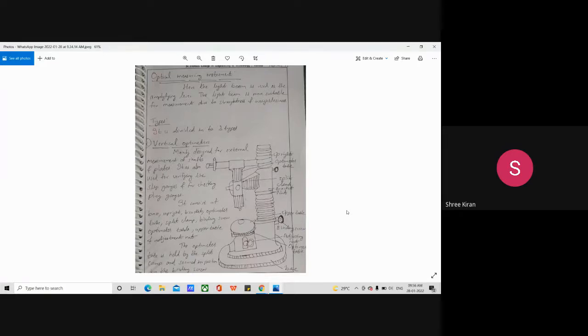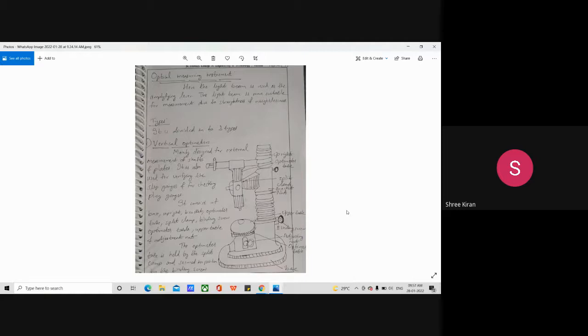Looking at the figure, you will see it mainly consists of a base, upright, bracket, optimeter tube, split clamp, binding screw, optimeter table, upper table, and adjustment nut.